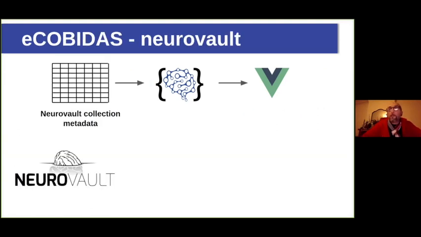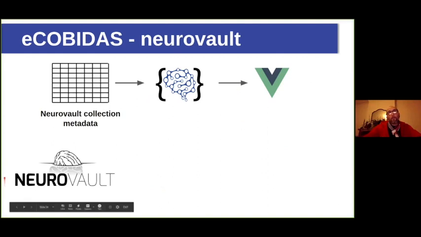Okay, and so what we did for the eCOBIDAS project is that we started by trying to apply the ReproSchema, but we didn't want to use the 500 items list from the whole COBIDAS, because it was a bit too big to start. So we went for a subset of items, the best to work on a prototype.